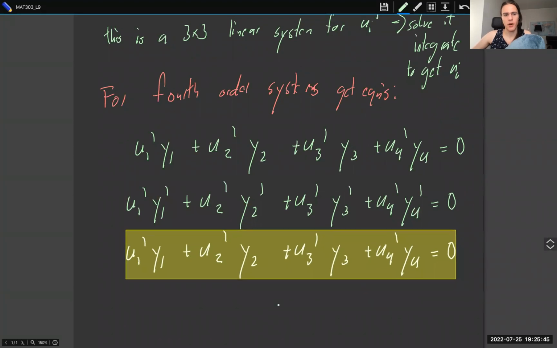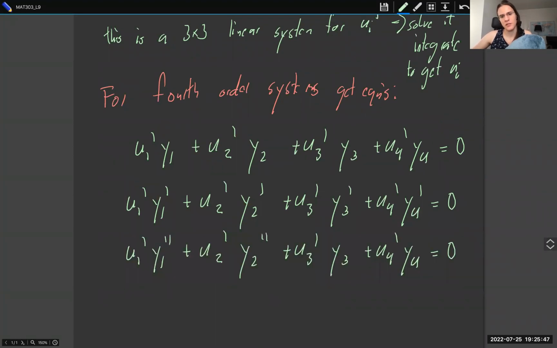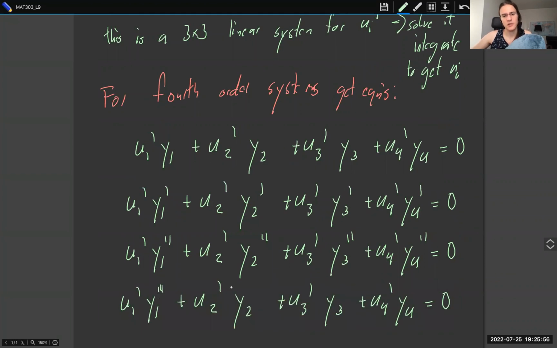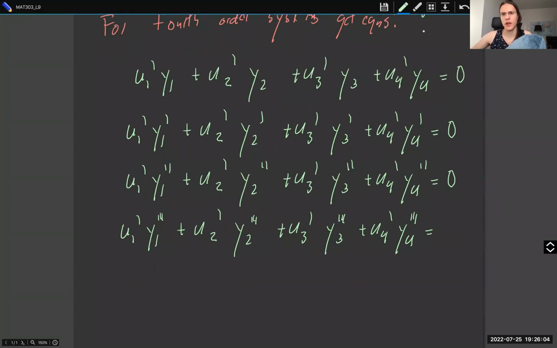Then we're going to get double primes here. And then for the last equation, we're going to get triple primes here. And what we get here is, I'm just going to write it as F, the inhomogeneous part. So this extends to any order of differential equations, and then you solve the system.